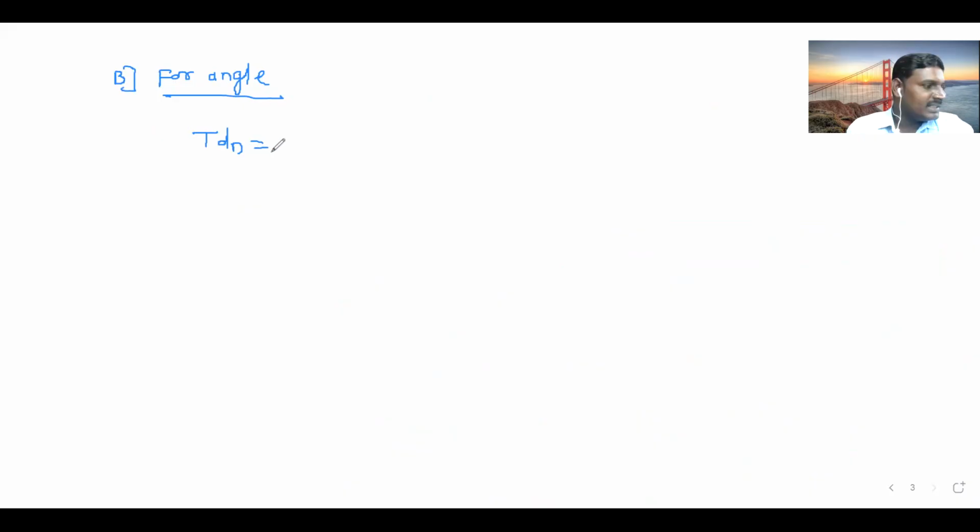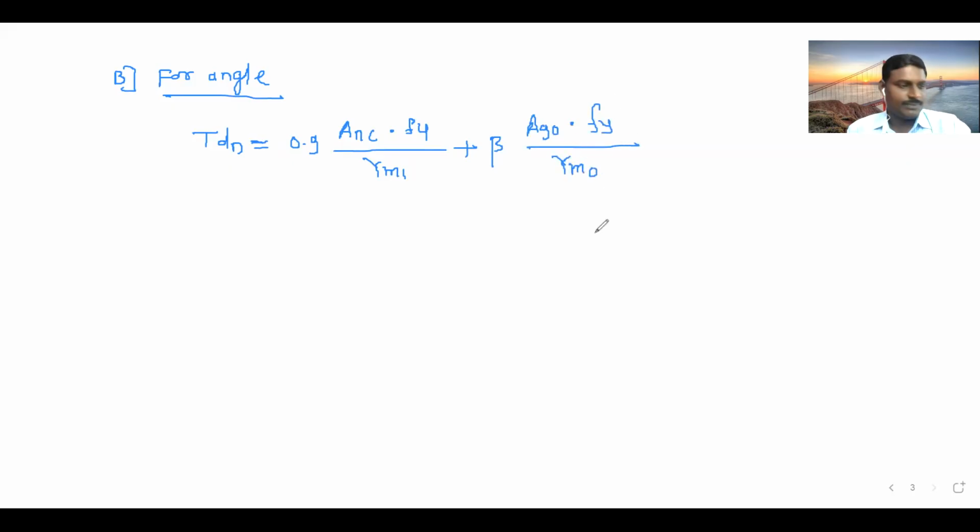So for angle, TDN is equal to, the formula is 0.9 ANC into FU divided by gamma M1 plus beta AGO into FY divided by gamma M0.